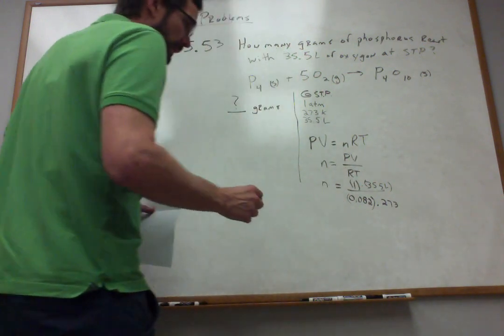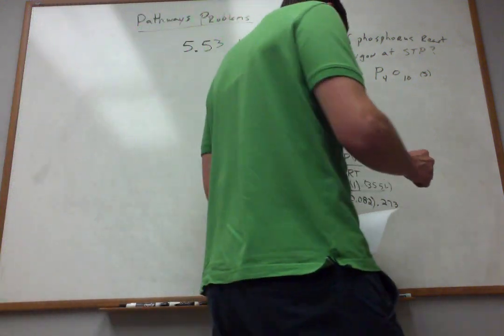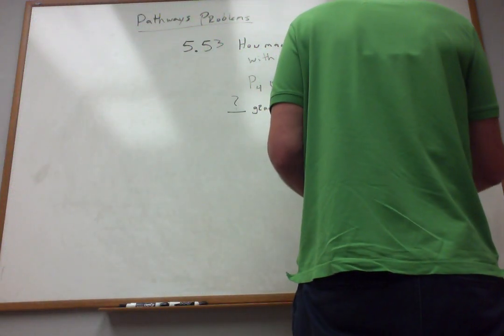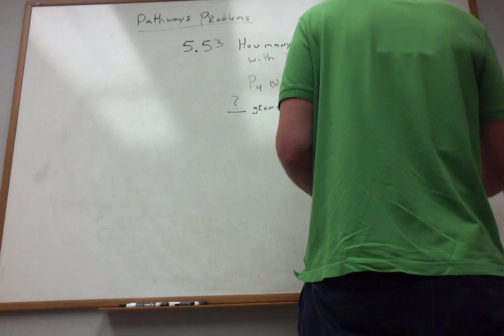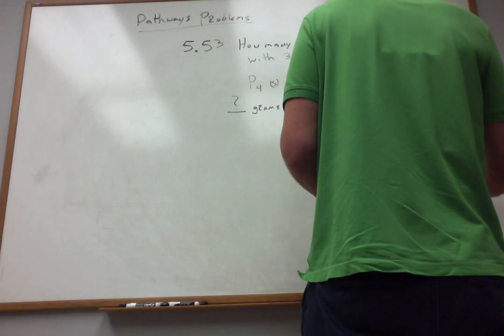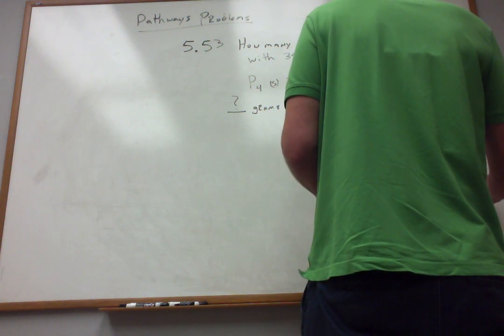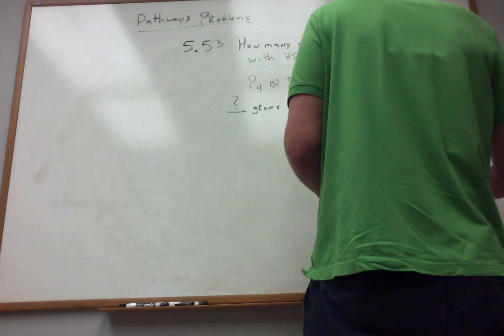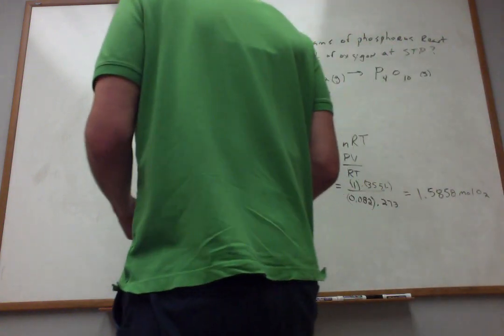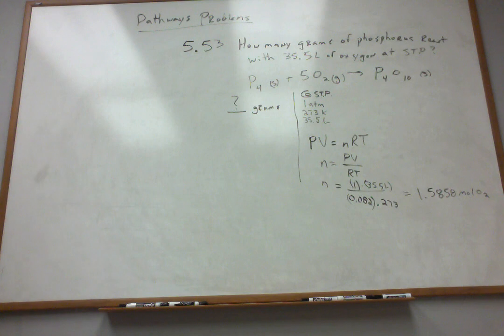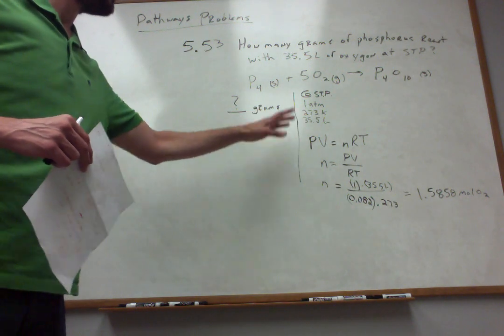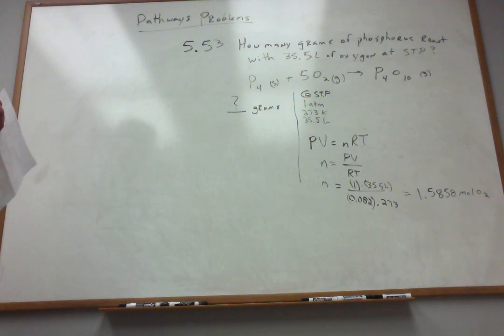So I plug in all those numbers, and I do the math, and I find that my sample of oxygen contains 1.5858 moles. That's my n, solving for n. That's how many moles of oxygen I must have given these conditions, considering oxygen behaving as an ideal gas.